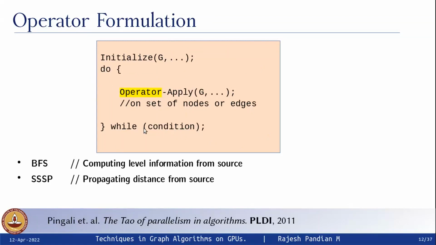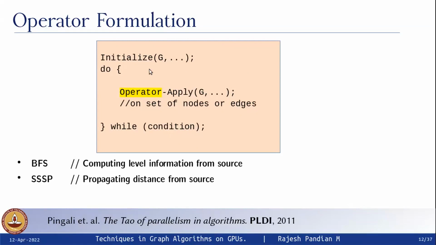So when do we stop? There is a condition for us to stop. It varies from algorithm to algorithm. For example, if the algorithm is single source shortest path or SSSP, then if there is no other change in the distances, we can actually stop our algorithm.